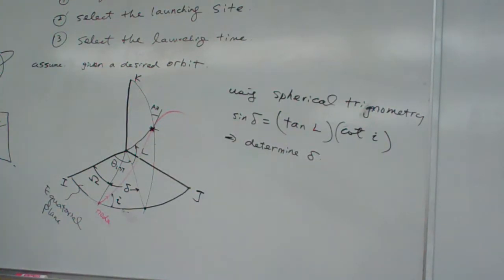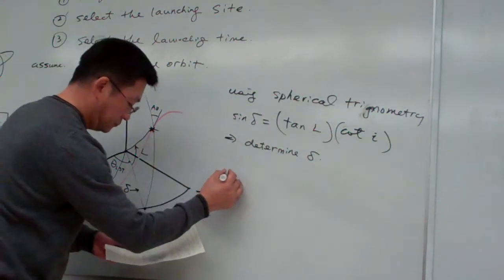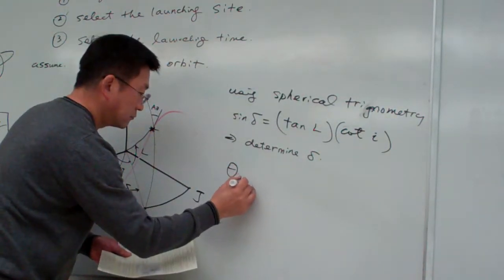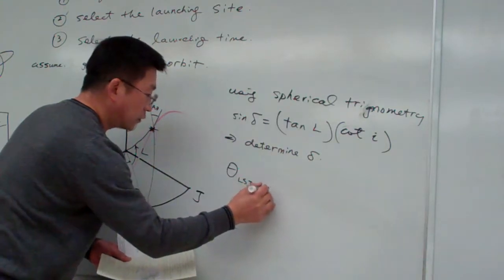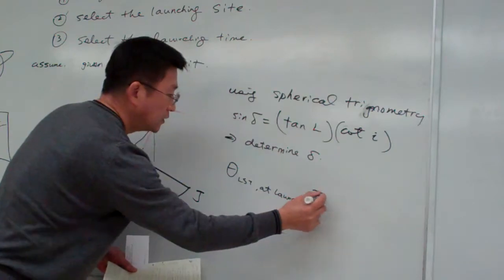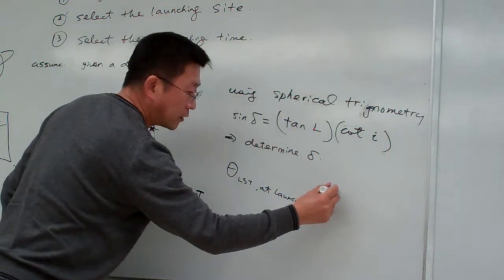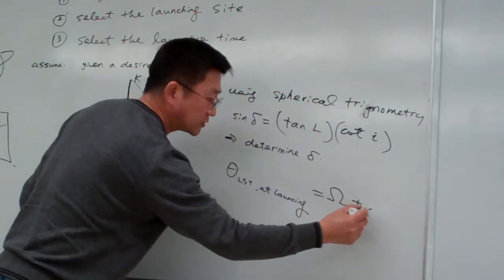So theta LST at launching will simply be equal to, by reading the graph, omega, that is one of the orbital elements, plus delta.